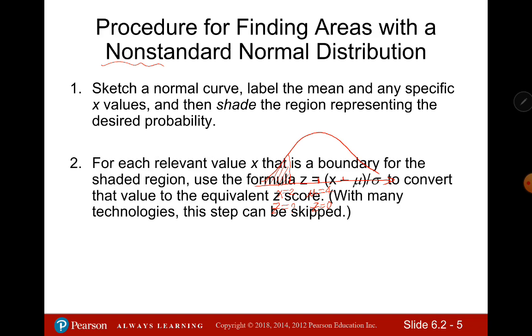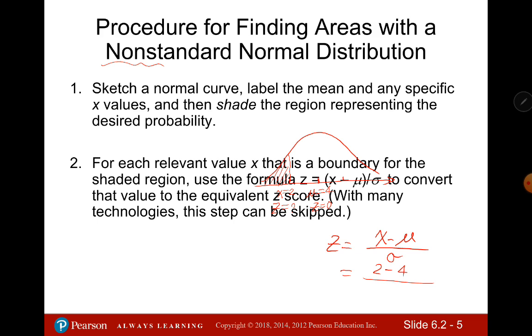The second step just tells you we need to use this formula. Again, x value first minus the mean value divided by the standard deviation to get your z-score. So in our case, 2 is our x value here, minus the mu. Mu is 4, right?